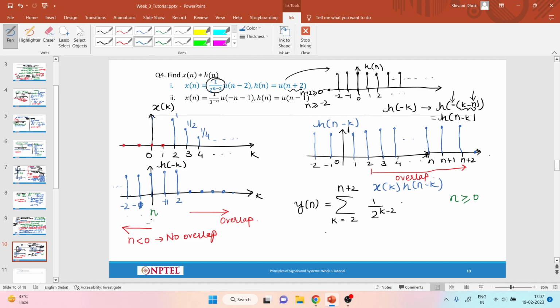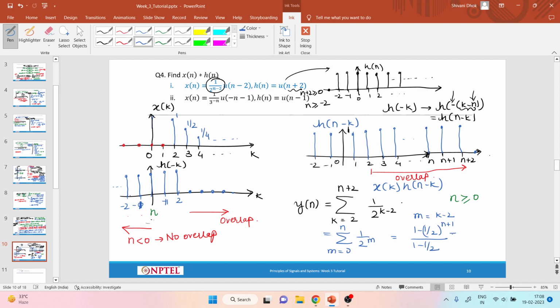So if I simplify this, I'll do the substitution m equal to k minus 2. Then this will be the sum for m equal to 0 to n of 1 by 2 power m, and this results in 1 minus 1 by 2 to the power, this is from 0 to n, so there are n plus 1 terms, upon 1 minus 1 by 2.